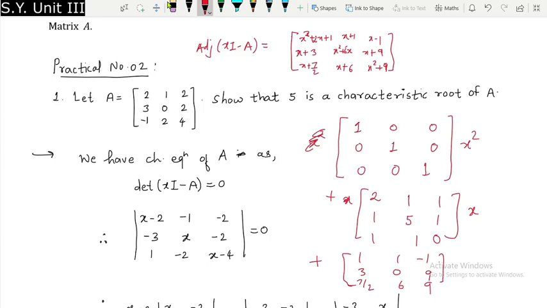Is that okay? But if you have a matrix of order n, you are going to get entries of adjoint of xI minus A as polynomials having degree at most n minus 1, because in case of order 3 we go up to polynomials of degree 2.